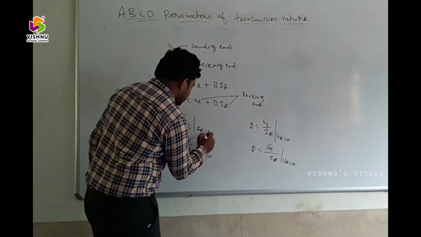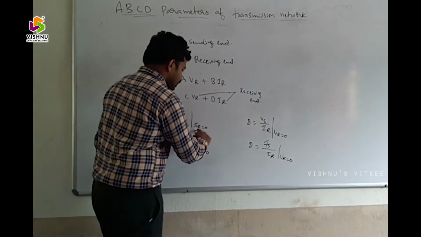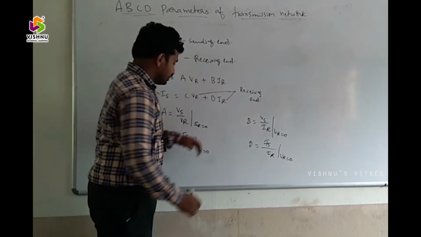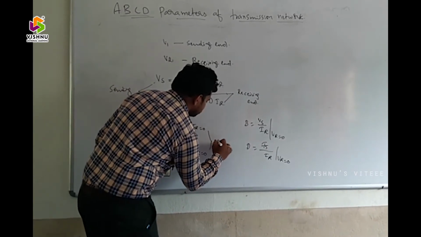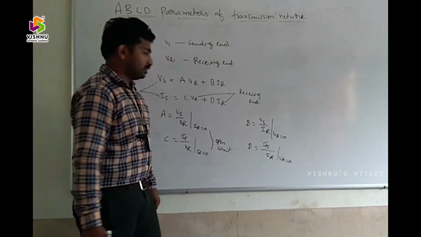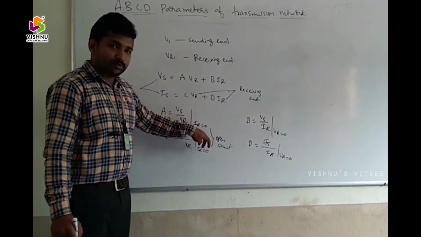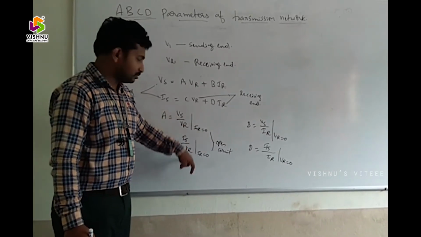IR is equal to 0 means the receiving end is open circuited. When the receiving end is open circuited, the current IR is equal to 0.